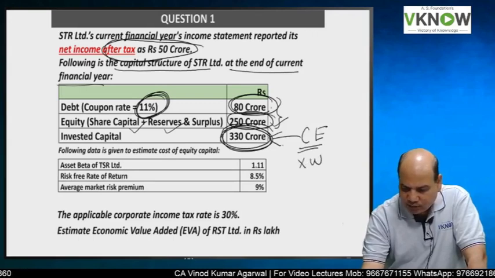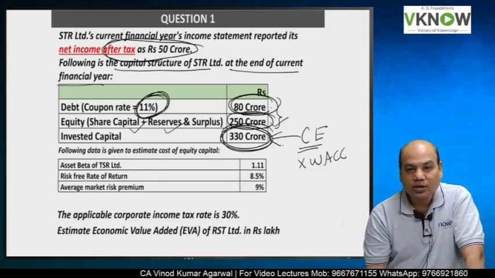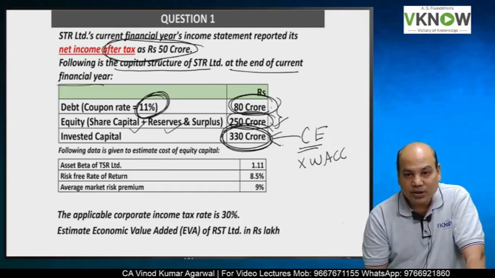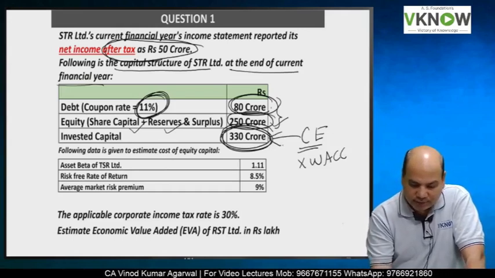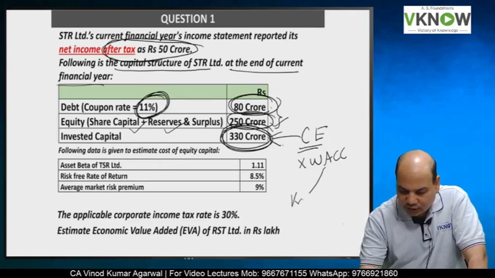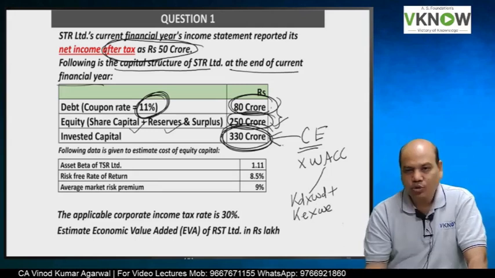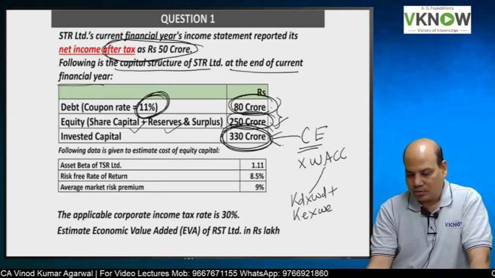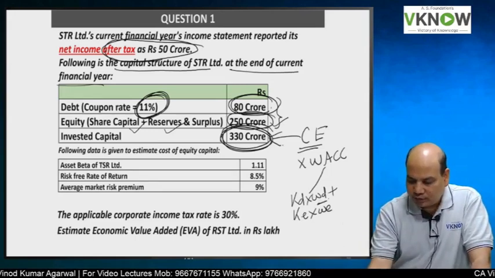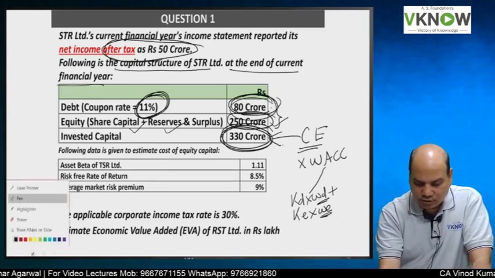I have to multiply it by weighted average cost of capital to get the capital charge. Weighted average cost of capital is KD into WD plus KE into WE. Weight of debt and weight of equity can be easily calculated from the balance sheet.